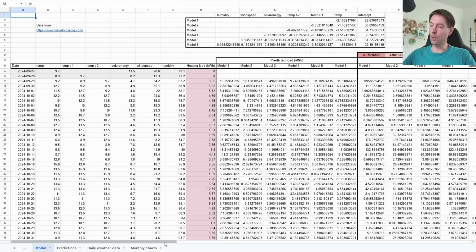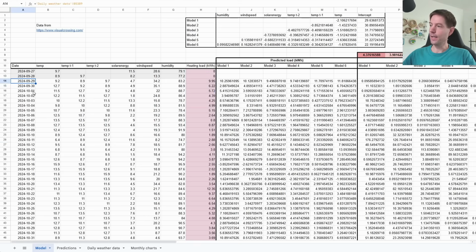And when I say model, I mean using historical data to predict what the heating demand should be like on each of those given days, based on what the actual demand was over the most recent winter. So I kept a record of our heating demand on every given day, starting at the end of September.